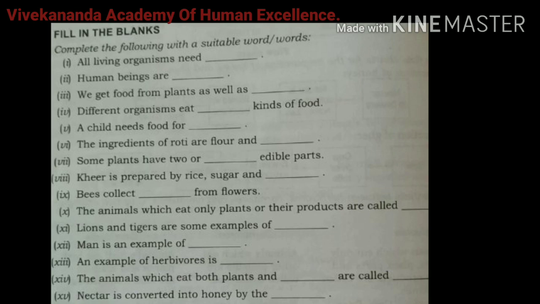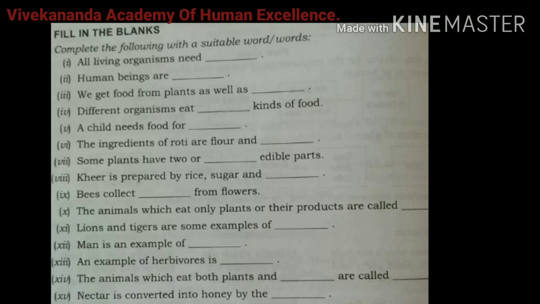All living organisms need food. Human beings are omnivorous. Yes, human beings eat both, so they are omnivorous. We get food from plants as well as animals; the sources are both plants and animals.